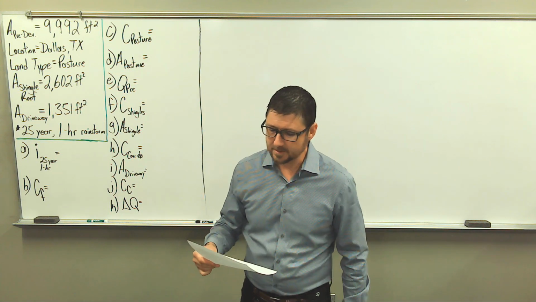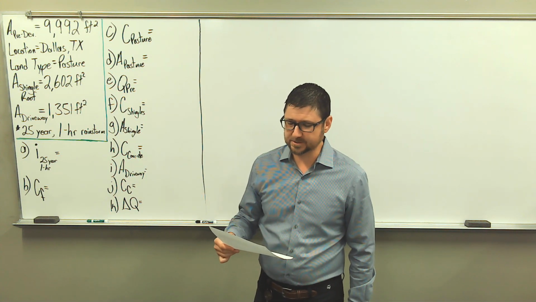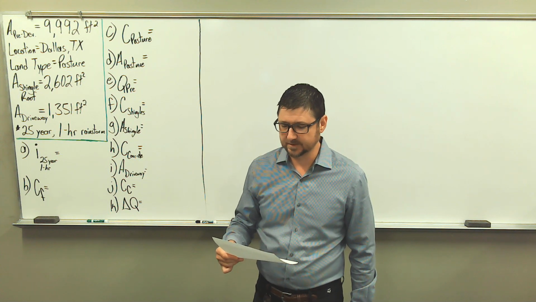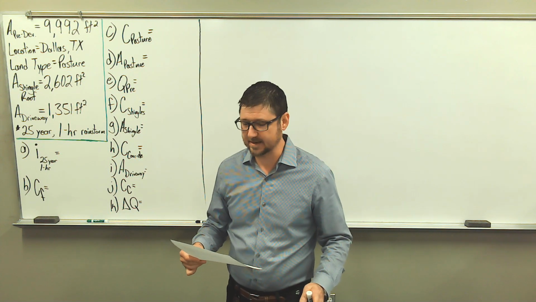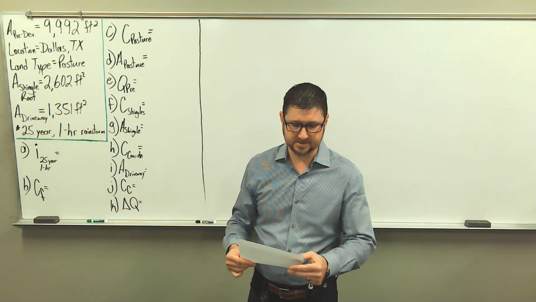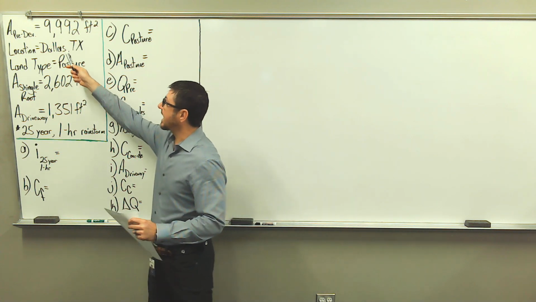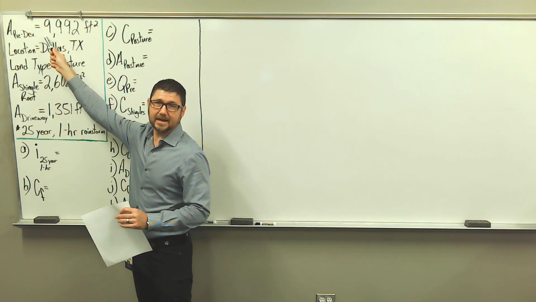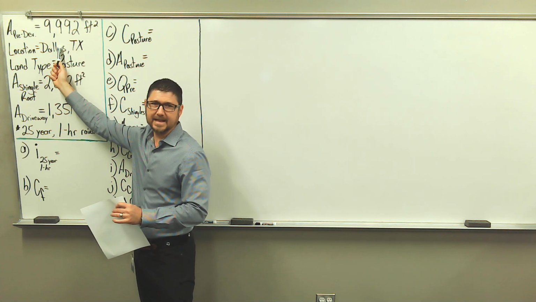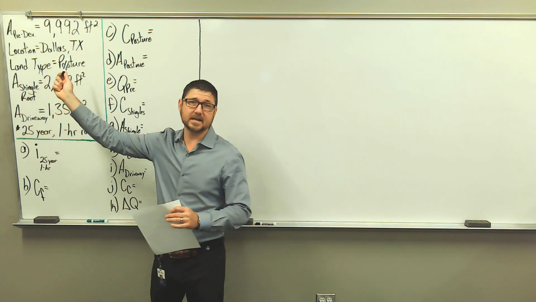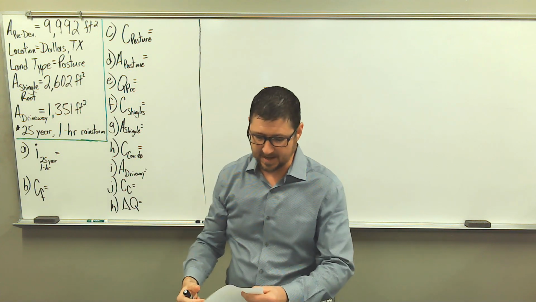So a family has recently purchased a 9,992 square foot plot of land that was originally pasture in Dallas, Texas. Here we have our pre-development area of 9,992 square feet located in Dallas, Texas, and the land type is categorized as pasture.